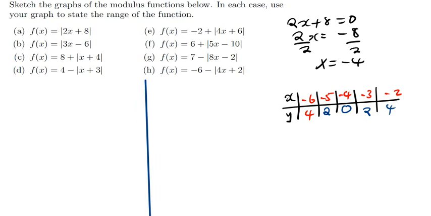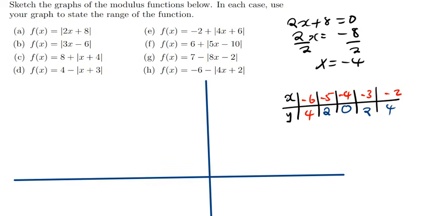The x values, all of them, are negative. To make my graph neat, I'll do it like this: negative 6, negative 5, negative 4, negative 3, negative 2.